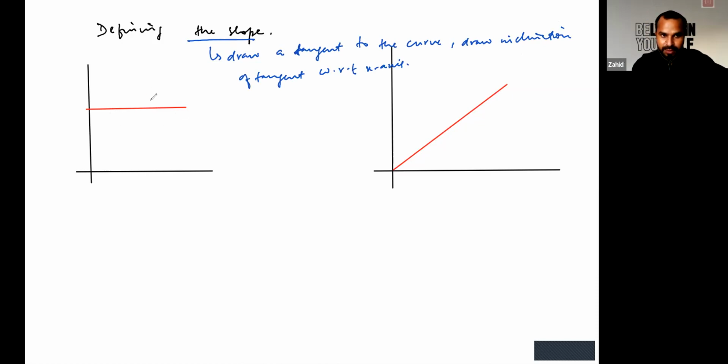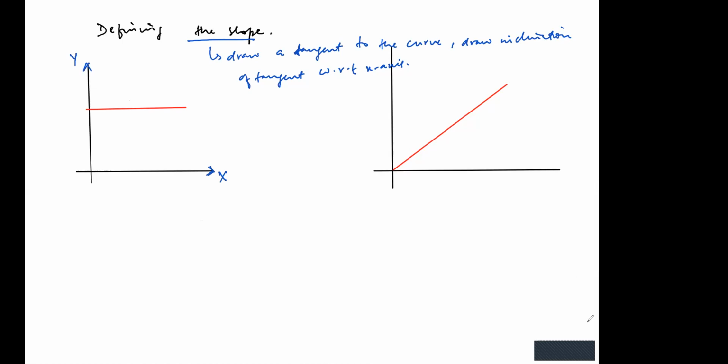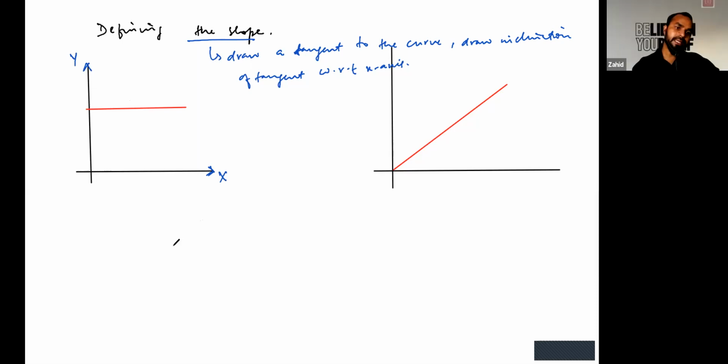And the inclination of this line with respect to the x-axis would be 0 or not? Whether this line is parallel to the x-axis or not. Yes, sir. So if a line is parallel, then its inclination would be 0. So here I can define tan theta is equal to 0, meaning slope is 0. Okay.